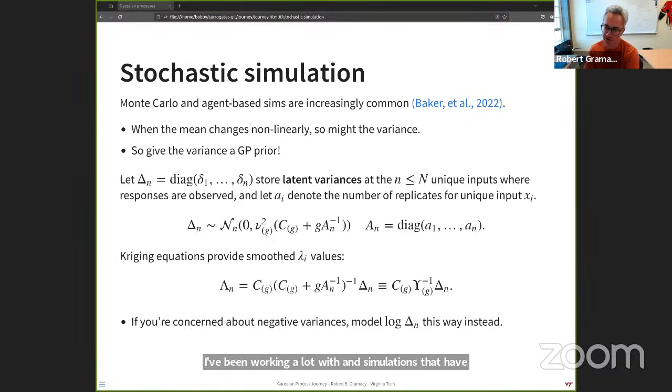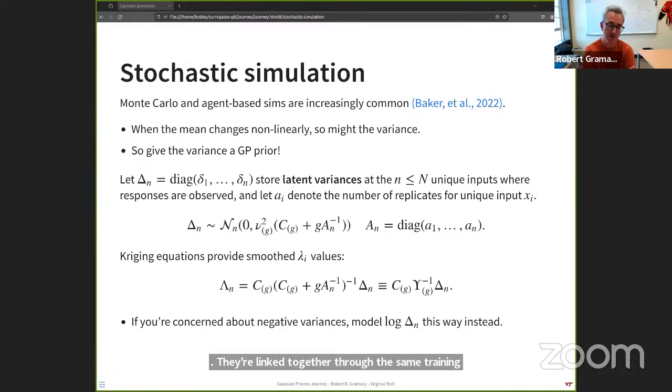The way that you do it is you put the variances under a Gaussian process prior the same way that you were putting the original functions under a Gaussian process prior. So really you have two Gaussian processes going on at once. They're linked together through the same training data, so they have a common likelihood.